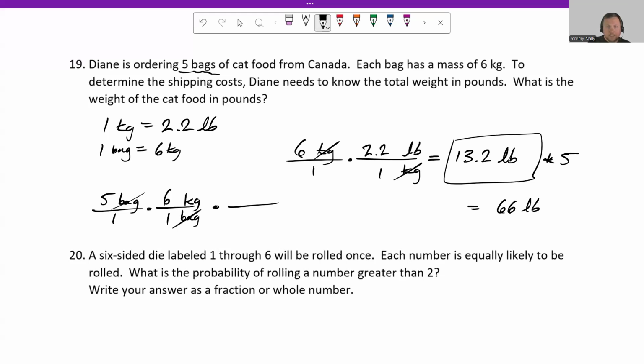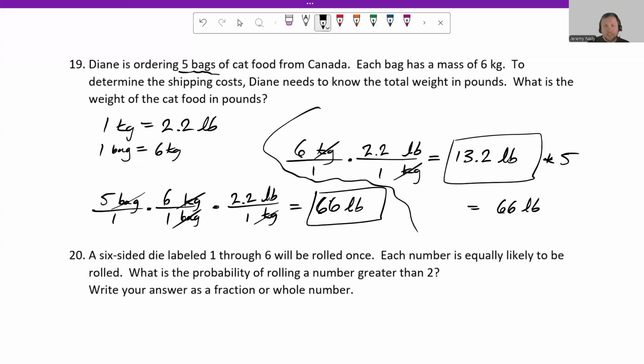And then kilograms to pounds. And then I get my 66 pounds. All right, that's the way I would have done it had I been remembering the 5 bags from the start.